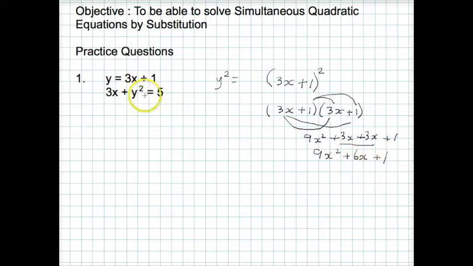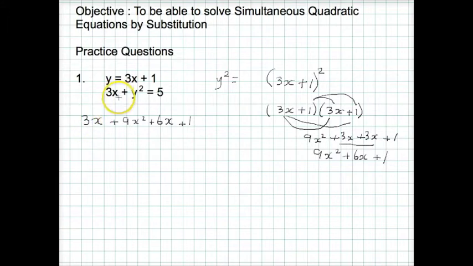This now takes the place of this term here. So we get 3x plus 9x squared plus 6x plus 1.